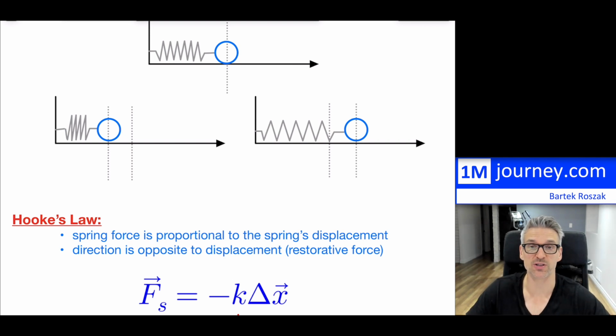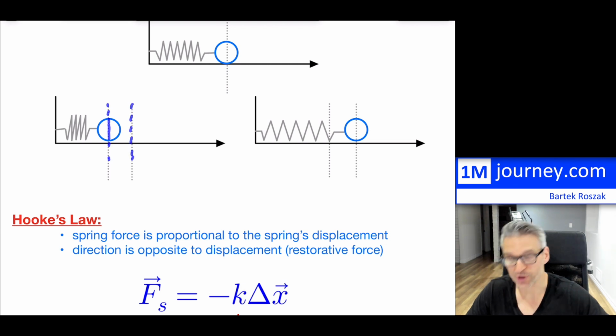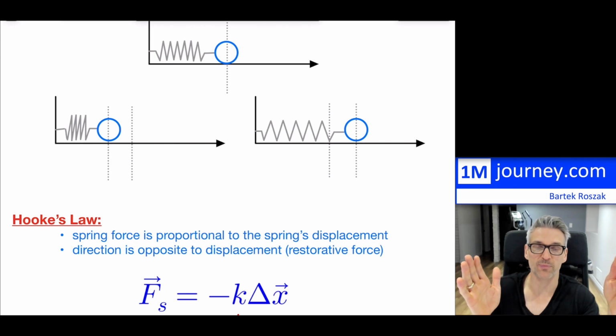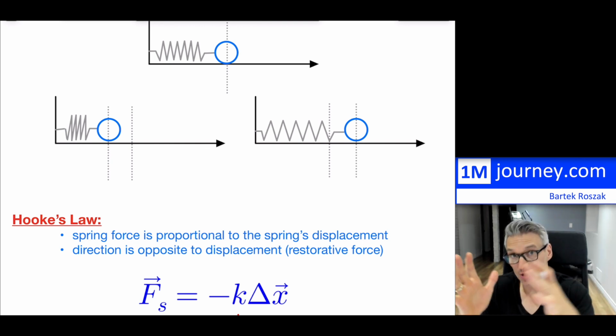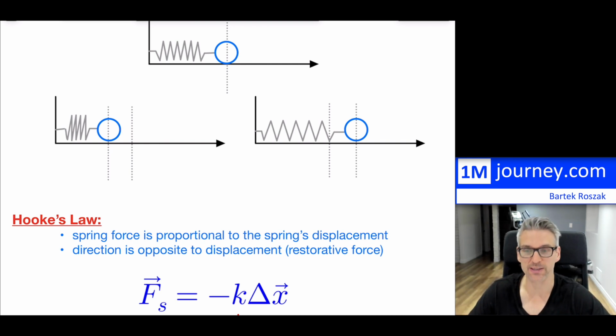The same thing happens on this side where you're compressing. If you compress it very little, not a lot of force will be pushed back by the spring. If you compress it a lot, the spring wants to get back, so it will proportionally apply an equivalent force. And that's what Hooke's law is all about.